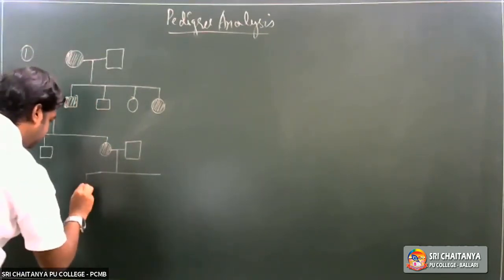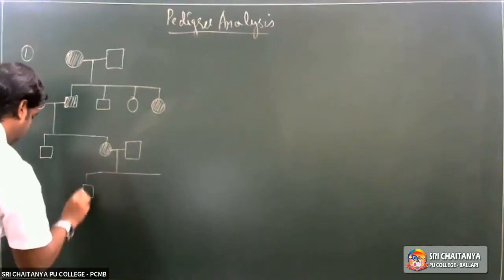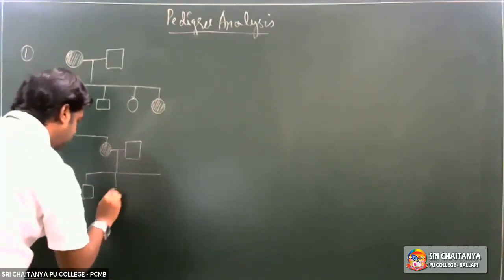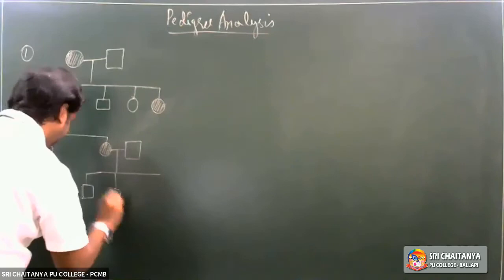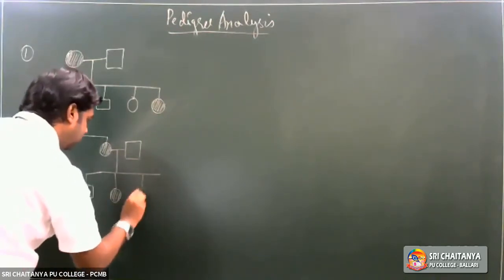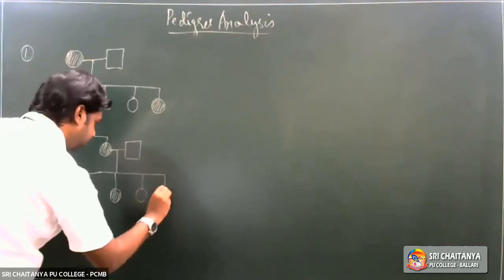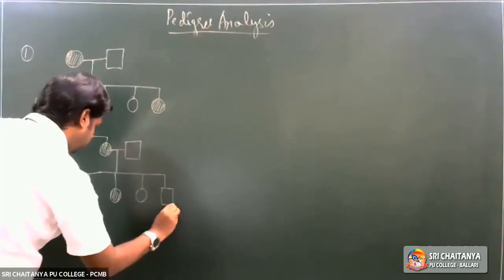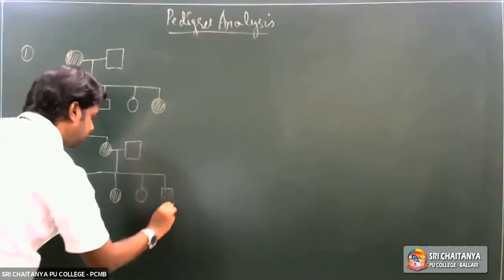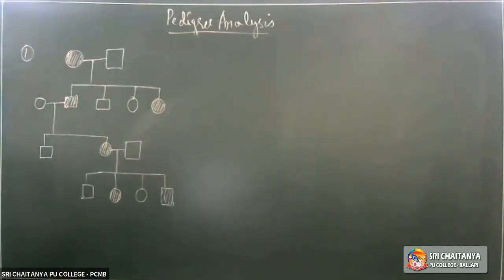The first is a son, who is normal. The second is a daughter who is affected. The third is a normal daughter. And the fourth is again a son who is affected. So this is our pedigree chart.